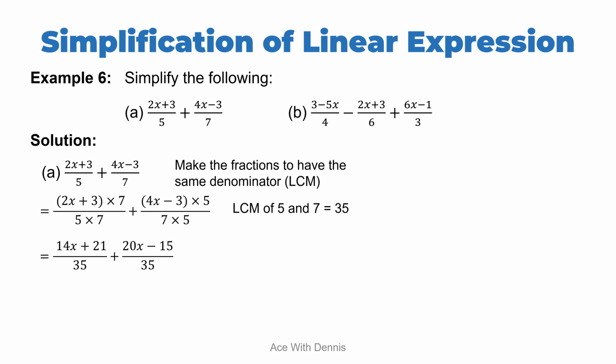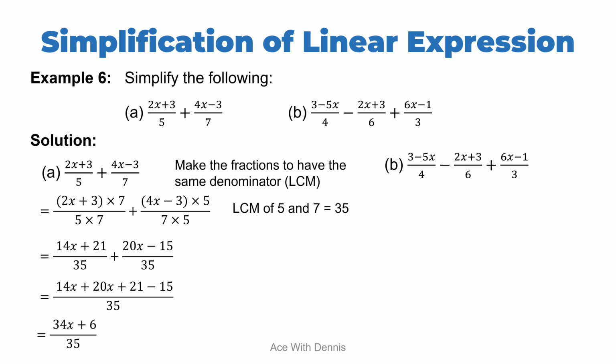We get 14x plus 21 over 35 plus 20x minus 15 over 35. Then we can place the like terms together, 14x plus 20x plus 21 minus 15 over 35, and the result is 34x plus 6 over 35.